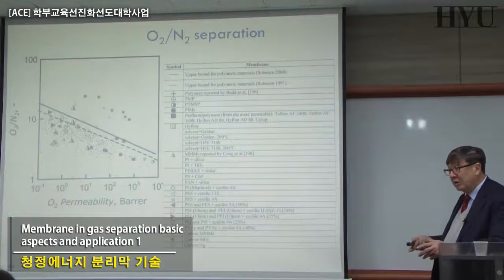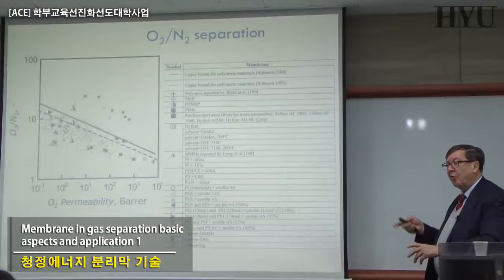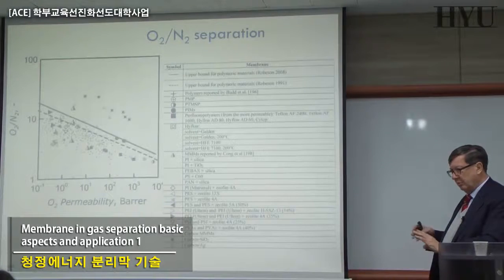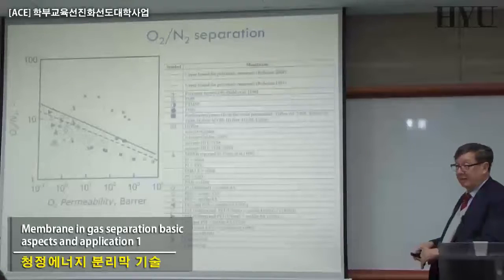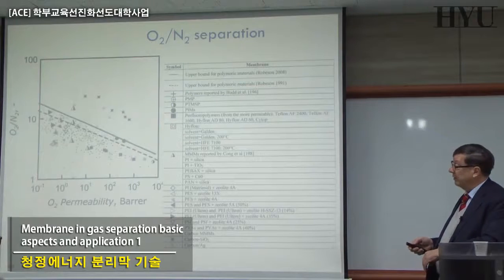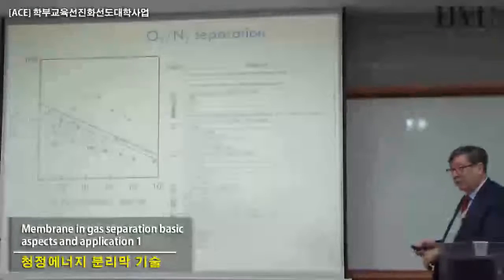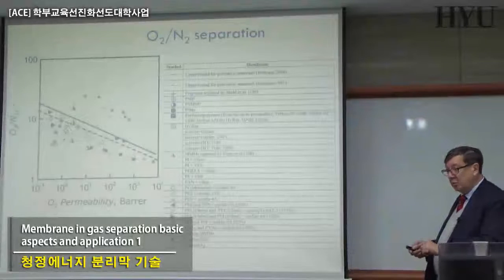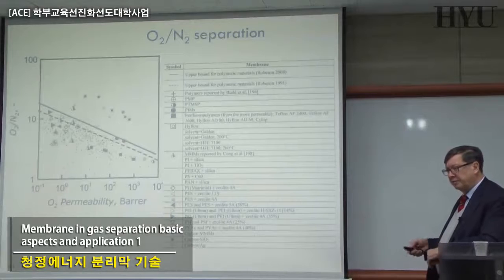If you now look at the real numbers that we have obtained until now for practical applications, remember that we don't have a dominant presence of membranes in gas separation, the equivalent of what we have when talking about reverse osmosis, etc. However, there are situations in which membranes work for gas separation.